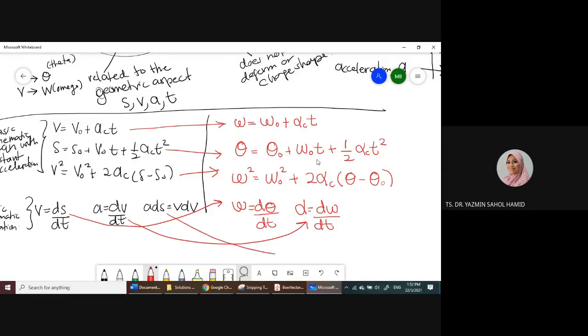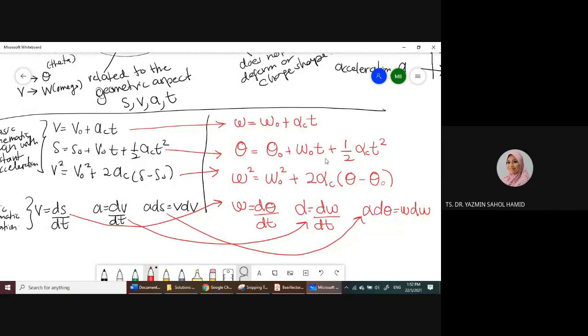Alpha alpha ds equals omega d omega. Okay, good.